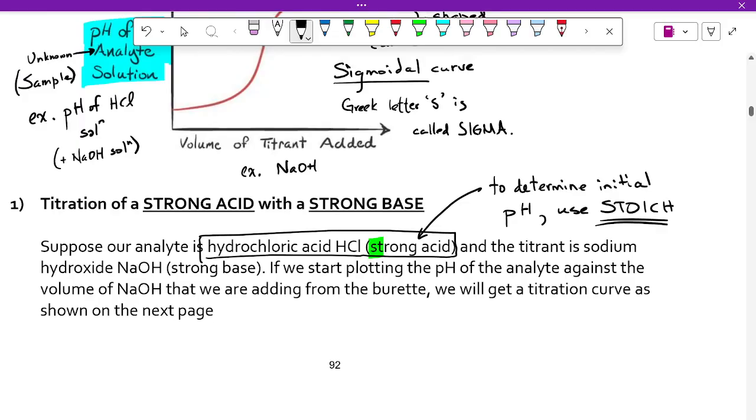Is this pH going to be high or is it going to be low? It's going to be low. So the initial pH will be low because it's a strong acid.